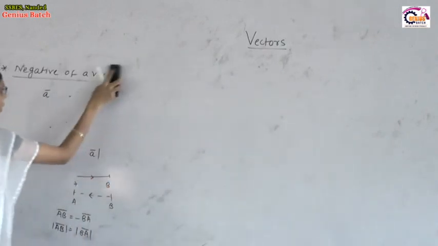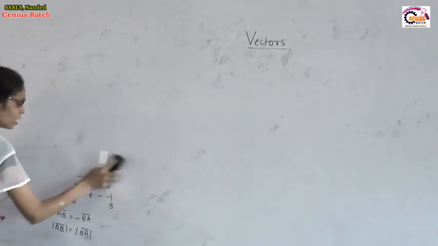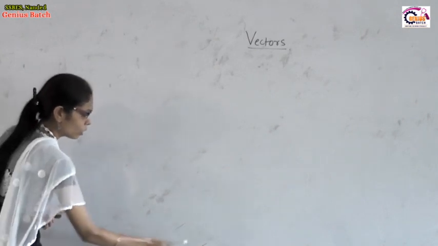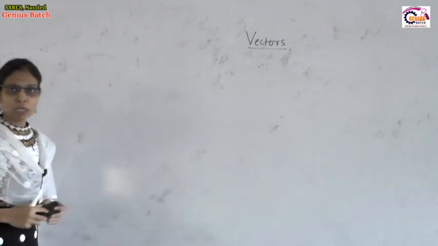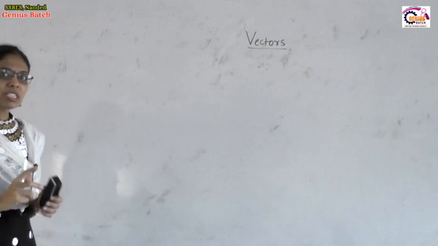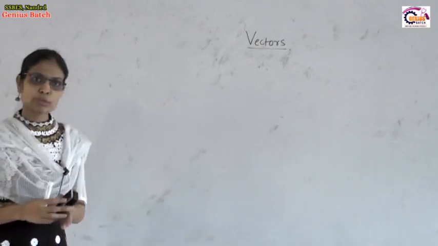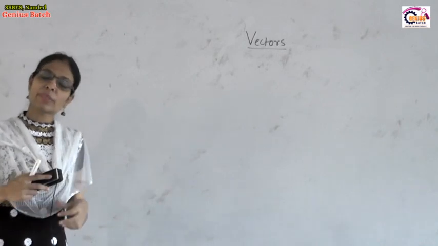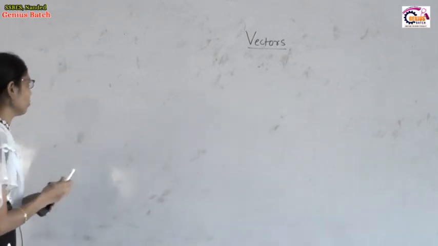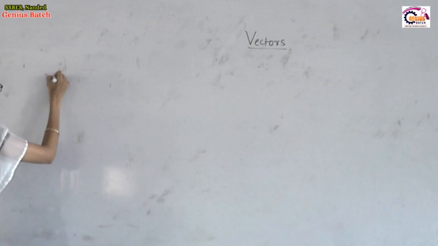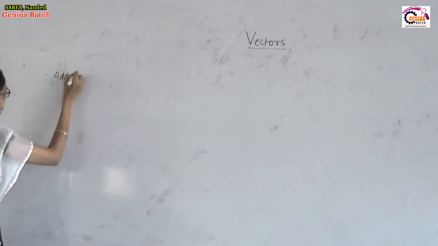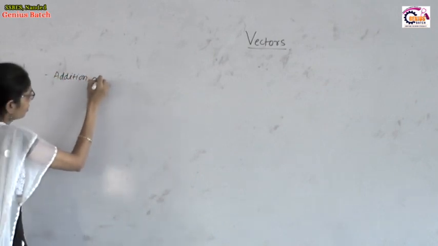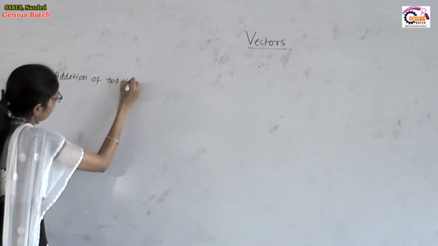Right, one is triangle law and other is parallelogram law. So we'll first define these two laws and then we'll see when to use triangle law and when to use parallelogram law. So our next operation is addition of two vectors.